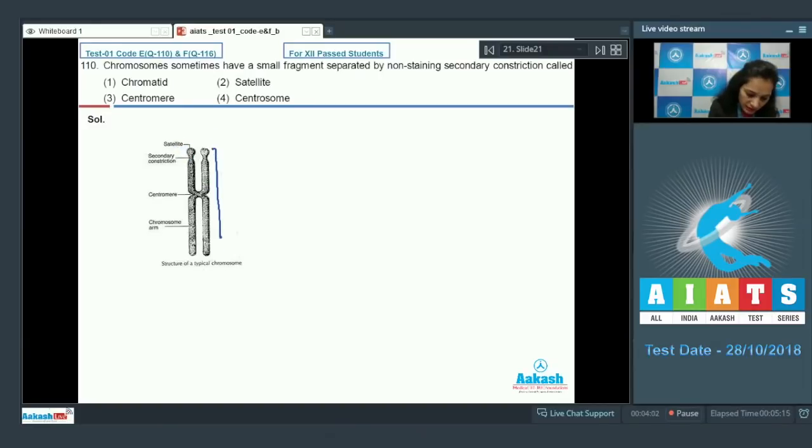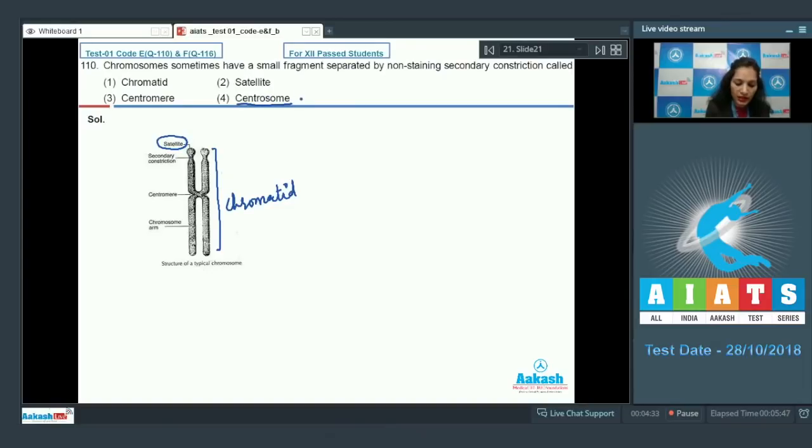So this is the chromatid. This is the secondary constriction, and beyond the secondary constriction you can see the part of the chromosome which is the satellite. The secondary constriction does not take the stain, it is the non-staining region. The primary constriction is known as centromere. What about the centrosome?